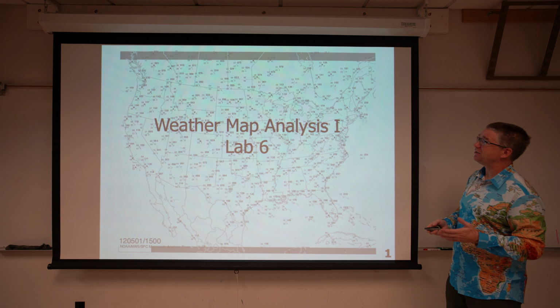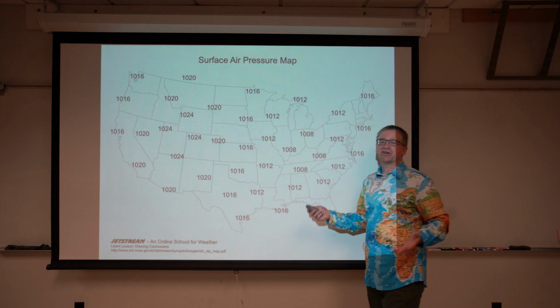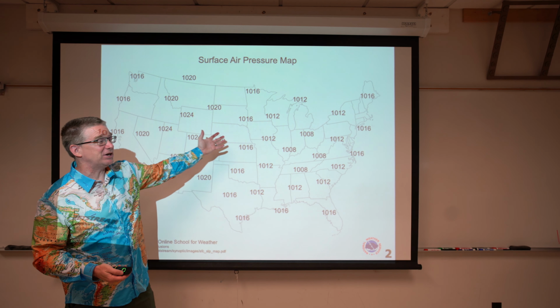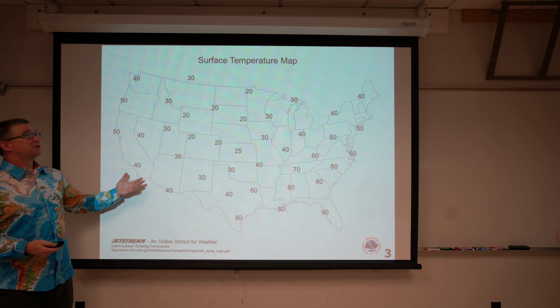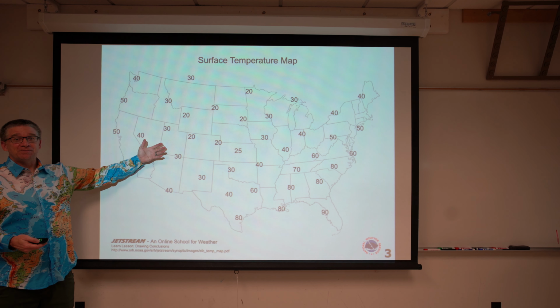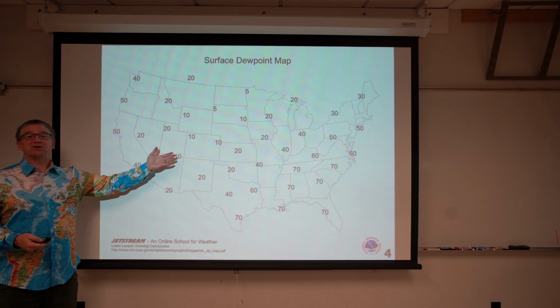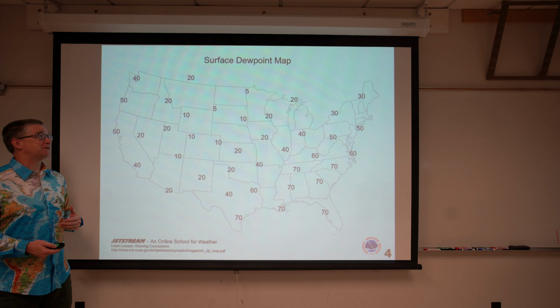And so the idea behind this is to simplify it. Let's say we had air pressure, and we wanted to put air pressure on a map. So that's an example here. Well, that's great. But what if we also wanted to show the temperature, surface temperature, because that's really important too. And let's say we wanted to show dew point temperature, because that's also really important when it comes to weather and meteorology.